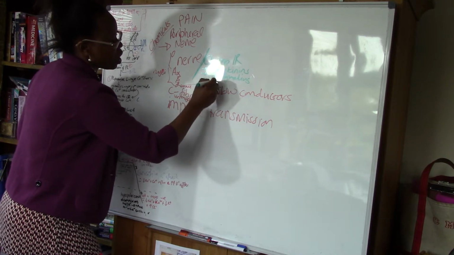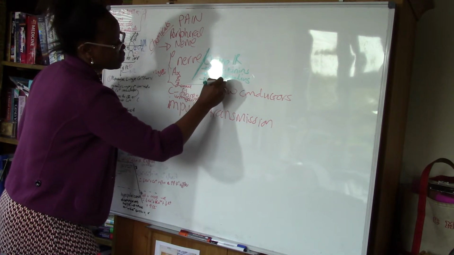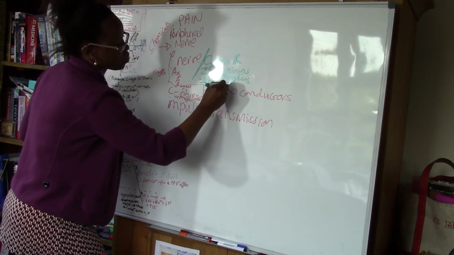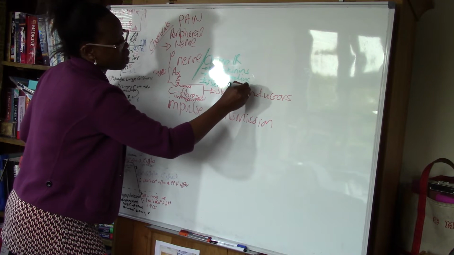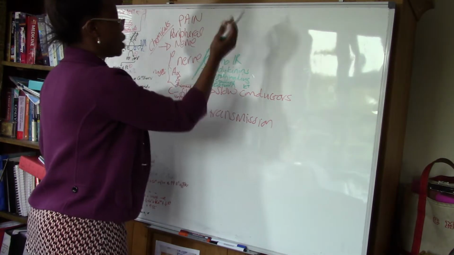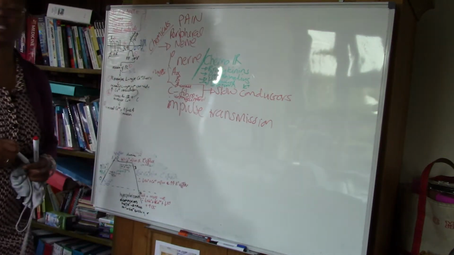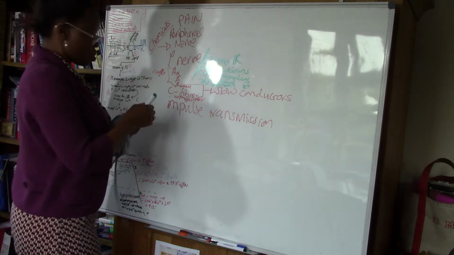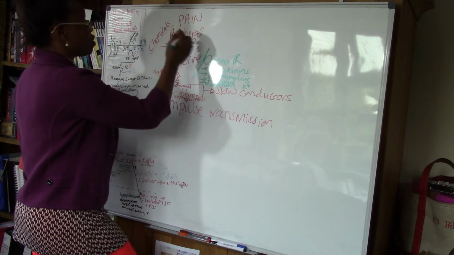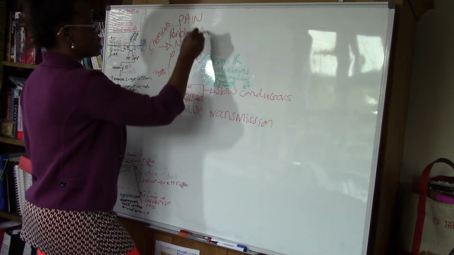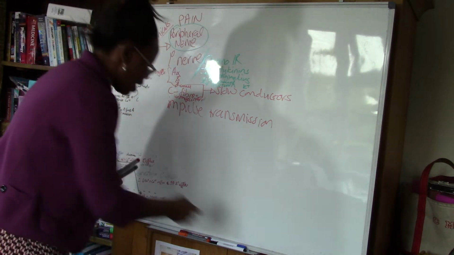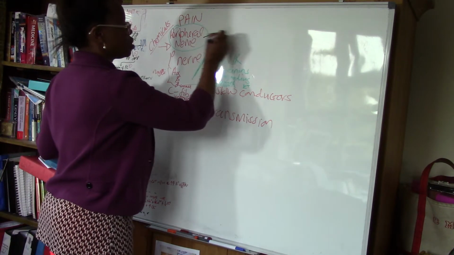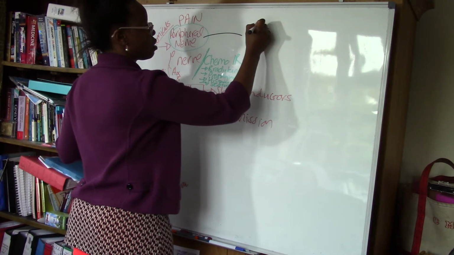There's also histamine and serotonin, of course. And potassium ions will also cause the primary neuron to fire. So once the primary neuron in the peripheral nerve fires, it propagates its impulse directly into the dorsal horn of the spinal cord.